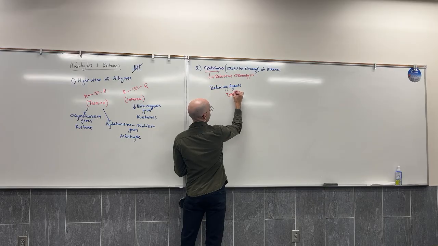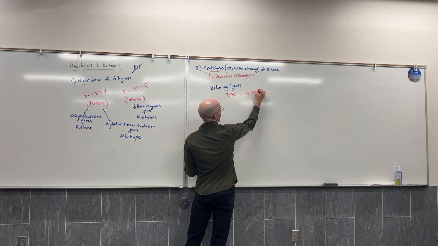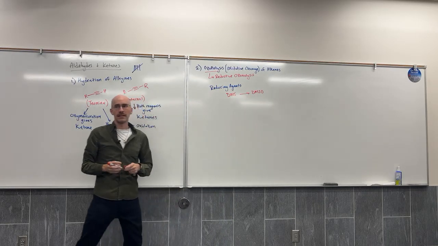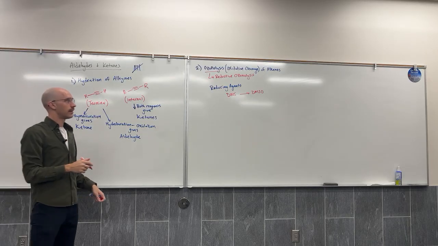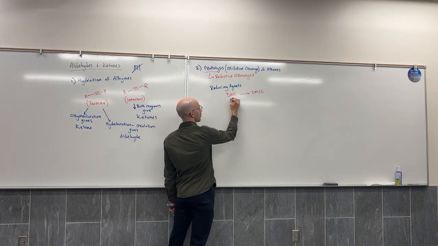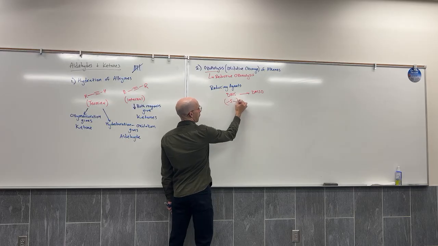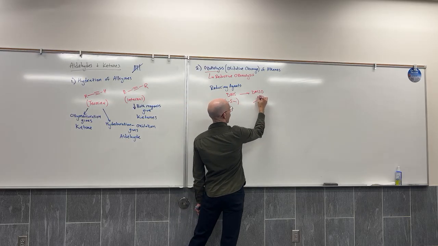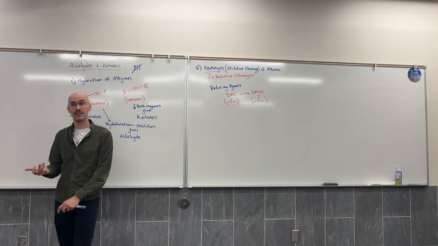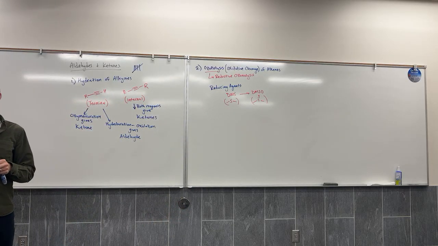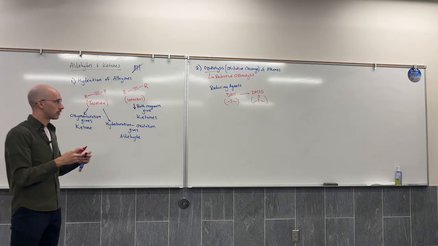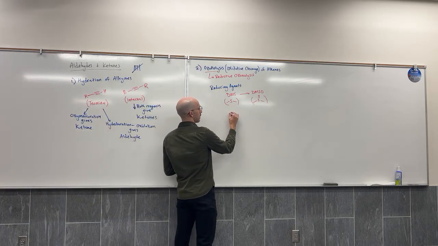DMS becomes DMSO, dimethyl sulfide becomes dimethyl sulfoxide, and you can see how the sulfur is taking on the oxygen. The sulfur becomes oxidized, thereby helping keep the cleavage more reduced. Or we have zinc.